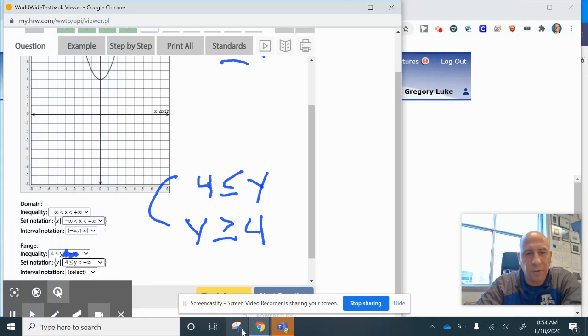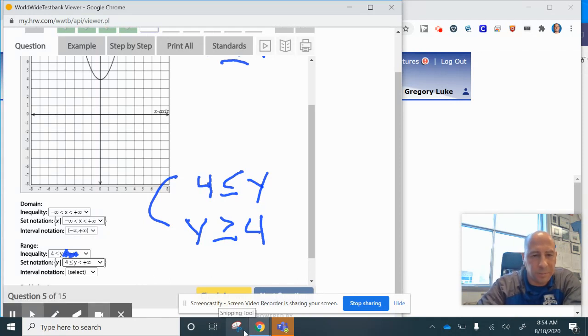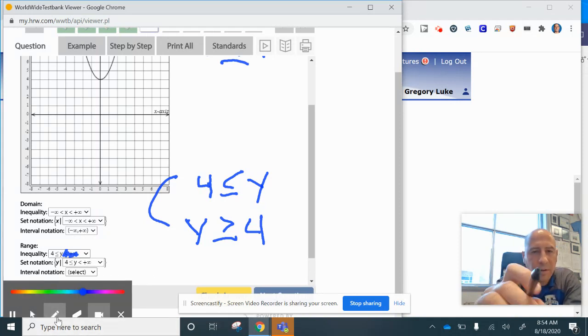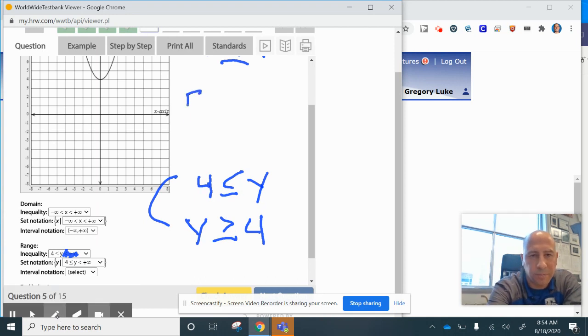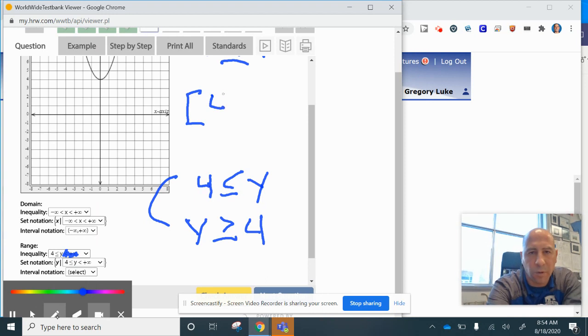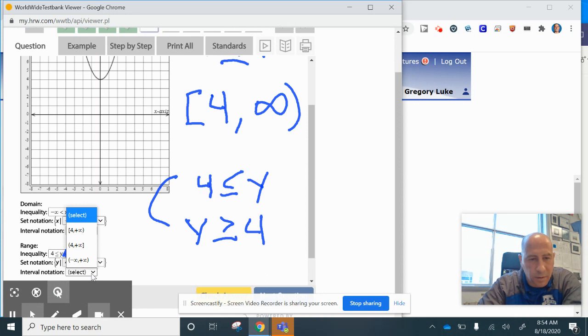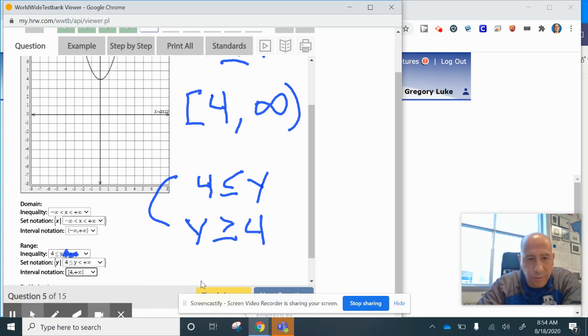All right, now interval notation is basically, there's a line, so we know it's bracket. So it's bracket 4, because you're starting at 4, and it's including 4, and you're going to infinity. Okay, so the answer is bracket 4 to infinity.